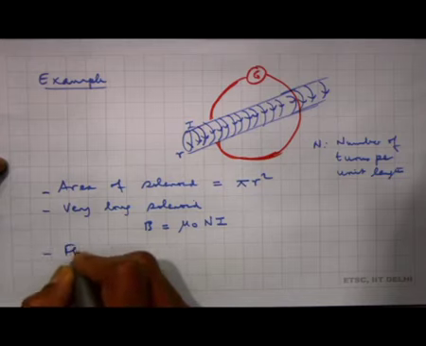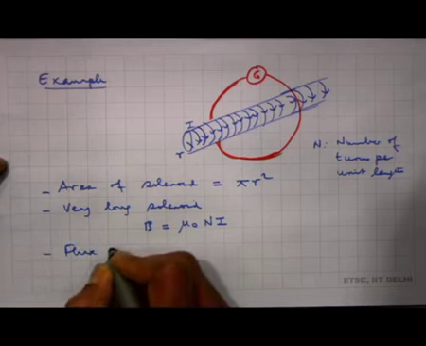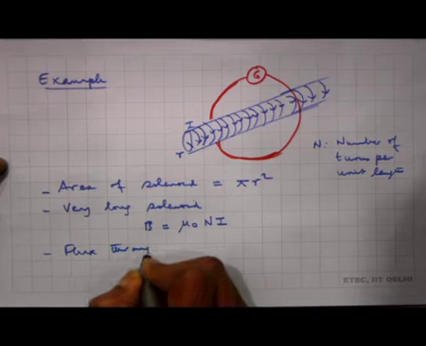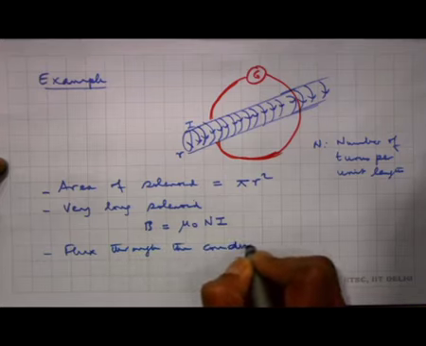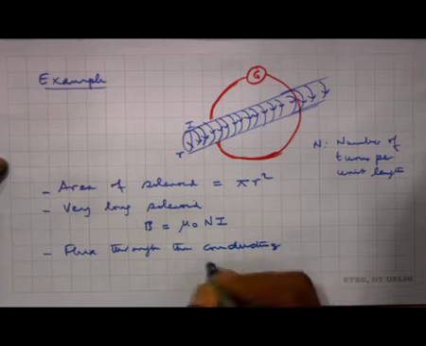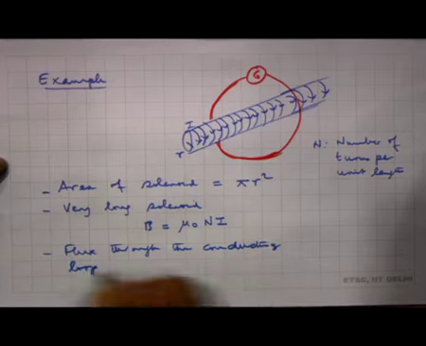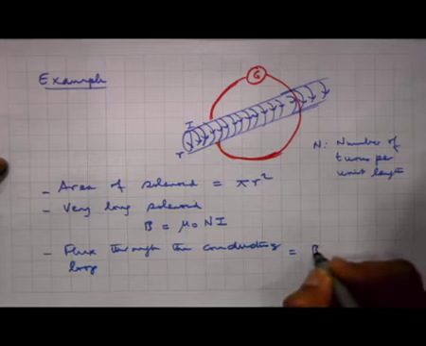So, the flux through the conducting loop is equal to B into pi r square.